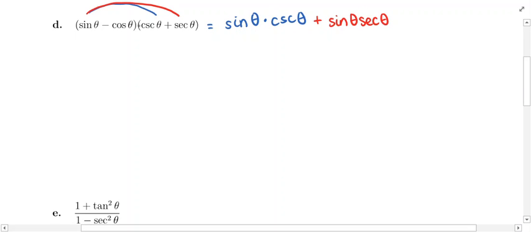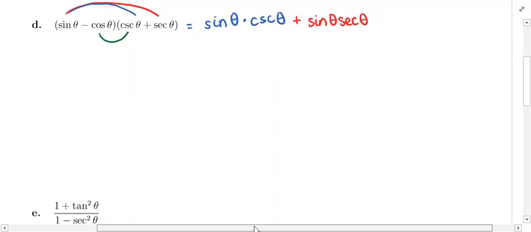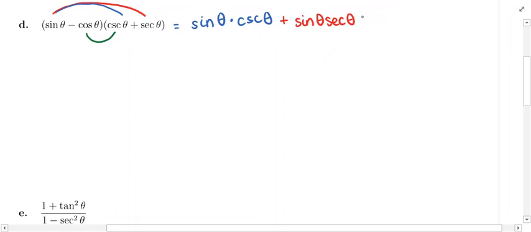Then the inner terms: negative cosine of theta times the cosecant of theta, so minus the cosine of theta times the cosecant of theta. And then finally the last terms: negative cosine of theta times the secant of theta, so minus cosine of theta times the secant of theta.